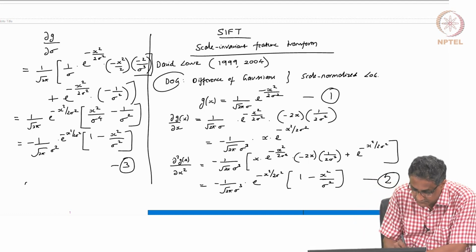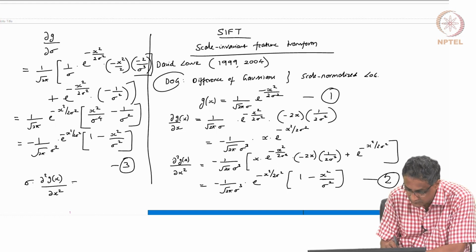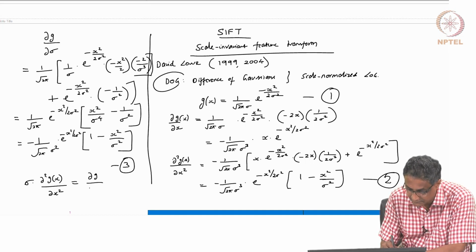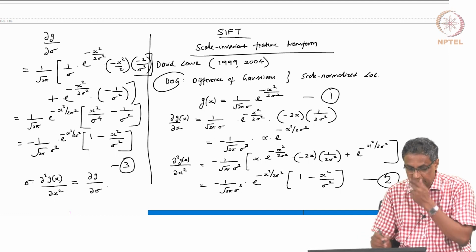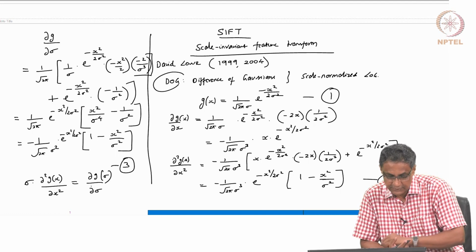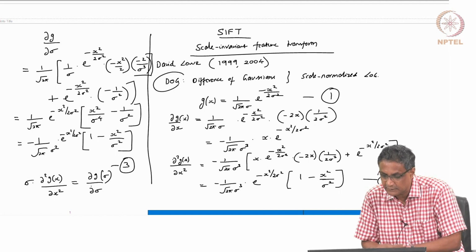So you can write dou square g by dou x square equal to dou g by dou sigma, where here g is a function of sigma. This is actually called the heat equation or something, but this has nothing to do with image processing.